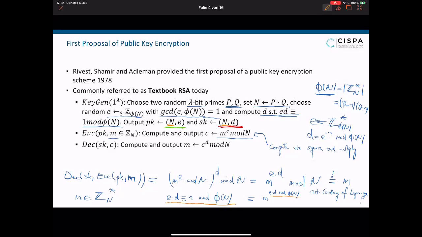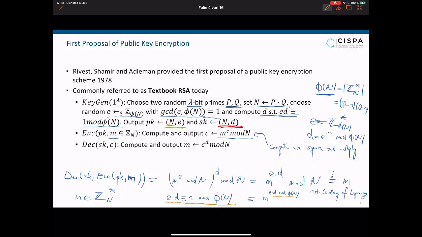Right, so given phi of n, there's no hardness left in RSA. But we're going to get into the RSA scheme or RSA assumption a little bit later.